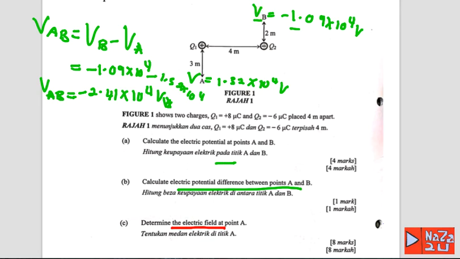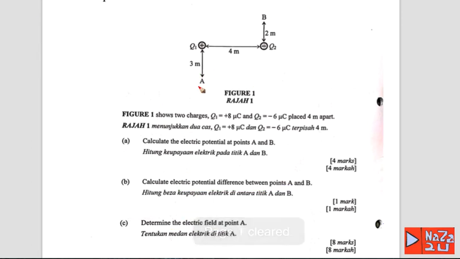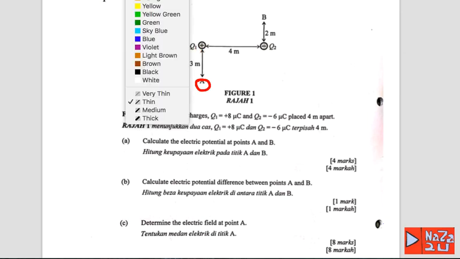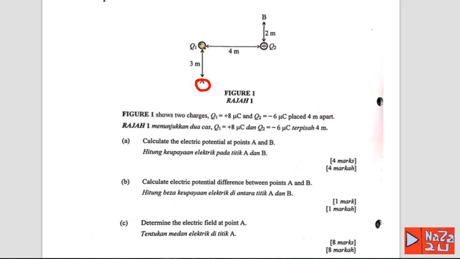If you look, Q1 is positive, so the electric field produced by the positive charge is outward, right? So this is outward, meaning that at A here, E1 from the charge Q1 is directed downward.